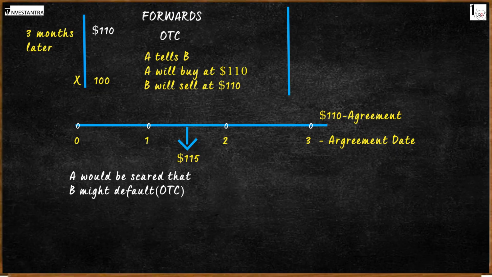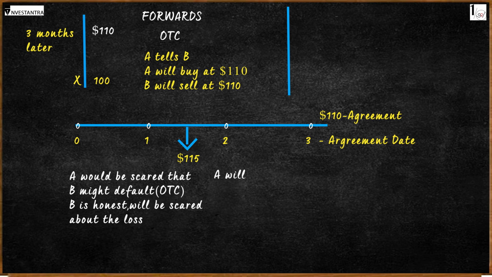Because this is over the counter, right? B is scared about the loss. A would be scared that B will default, A will be happy about the profits, about the unrealized profit. Let's call it unrealized profit, right?